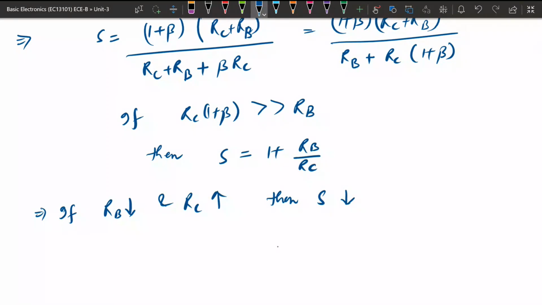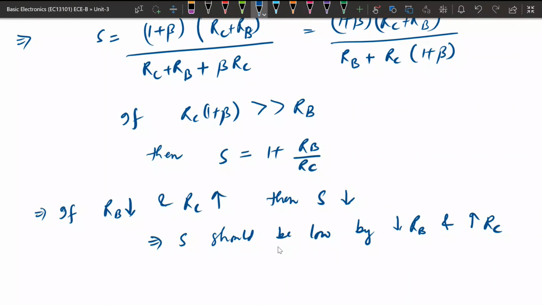We can write that if RB is reducing and RC is increasing, then the S value will reduce. That implies the S value, that is the stability value, should be low by reducing RB and by increasing RC.